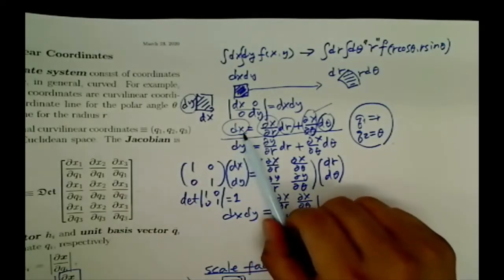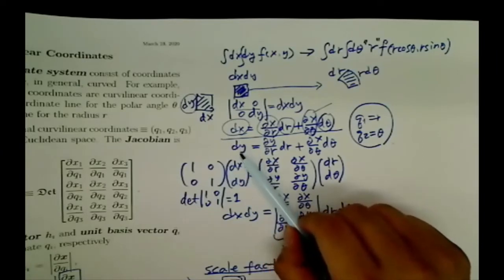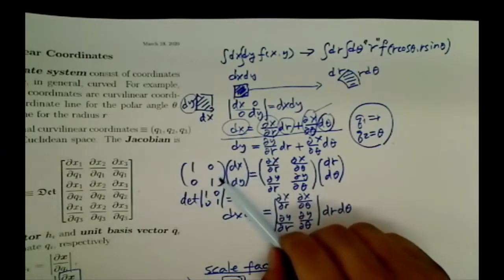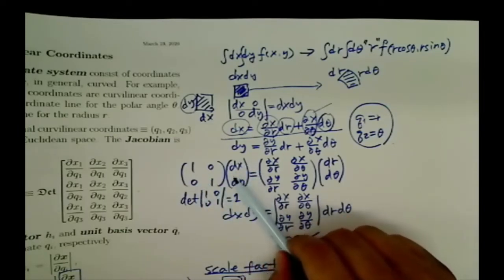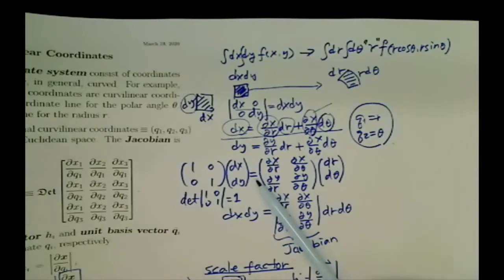If I multiply the identity matrix and we multiply dx and dy, you will find dx dy.